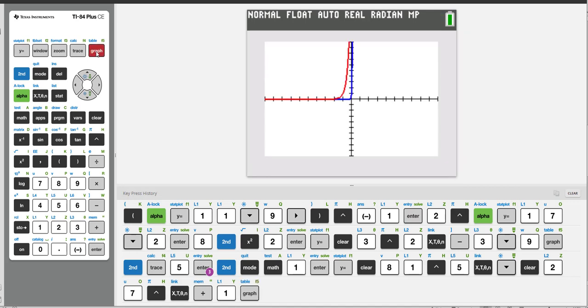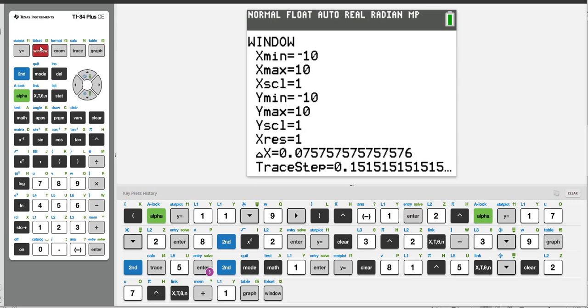Make sure you can see the intersection point. You cannot, so you need to adjust the screen. Press window. Pick a number greater than 10. Let's say 100. Change Y max to 100 to move the window on the screen up.